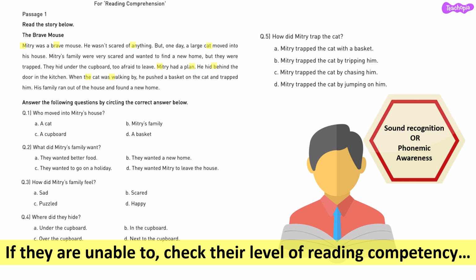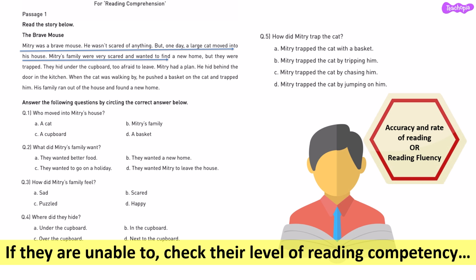If they are able to read full words correctly, and if they are able to read sentences at the right pace, identifying the expression of the sentences accurately. If you find learners lacking in any of these competencies, redirect them to the corresponding learning sheets.